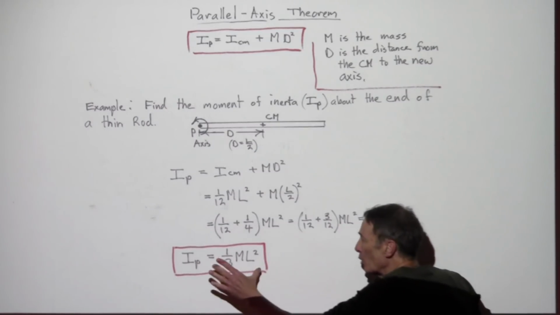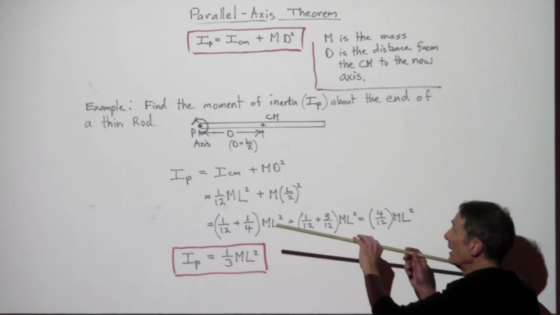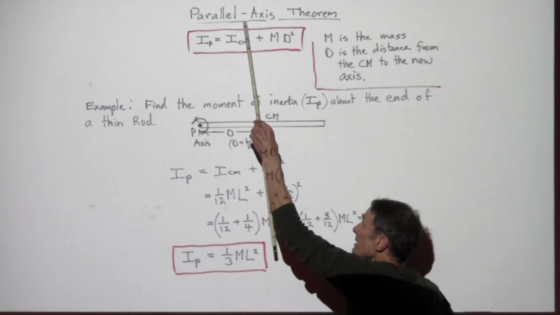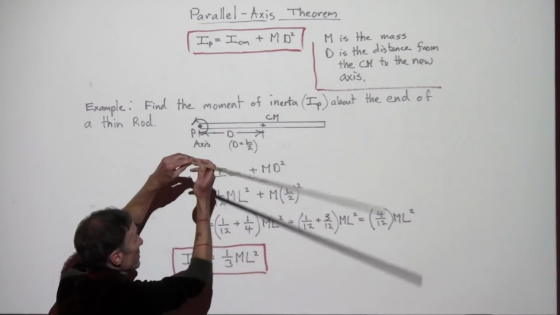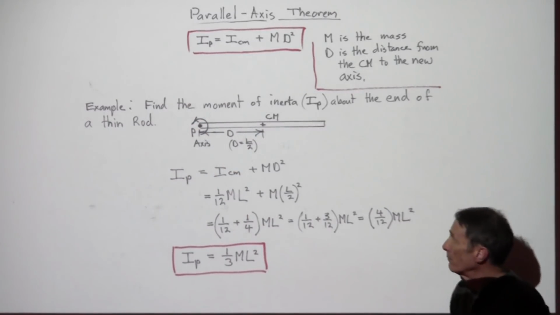So that's a greater moment of inertia. The idea is that it would take more to get it moving. It's easier to get something to rotate around its center of mass than it is to go all the way out here and get it to rotate from this point. So a greater moment of inertia.